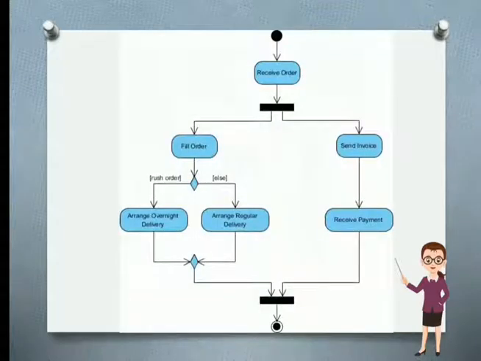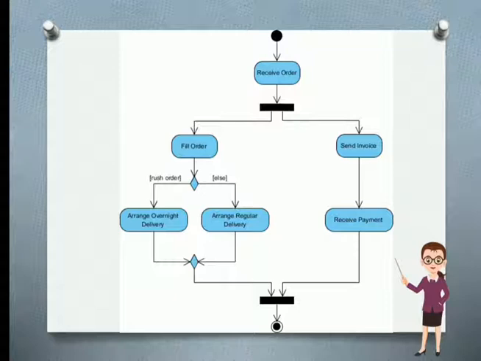Here, the first activity was receive order. Before that, we need to start the activity diagram, so the initial activity, that is the filled circle, is represented. Then, after receive order, there are two activities, fill order and send invoice. These are two concurrent activities represented with the help of a horizontal bar, the upper horizontal bar, that is a fork. After filling the order, we check the condition whether it is a rush order.